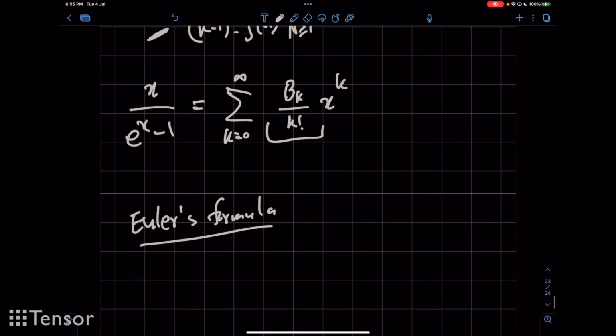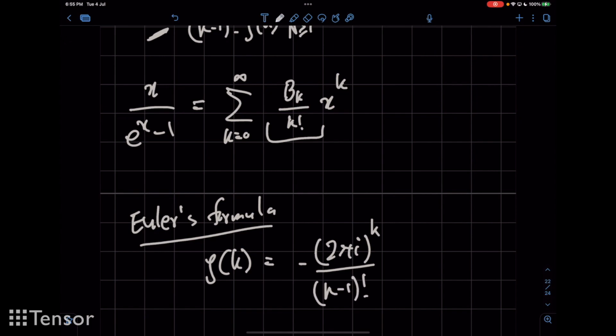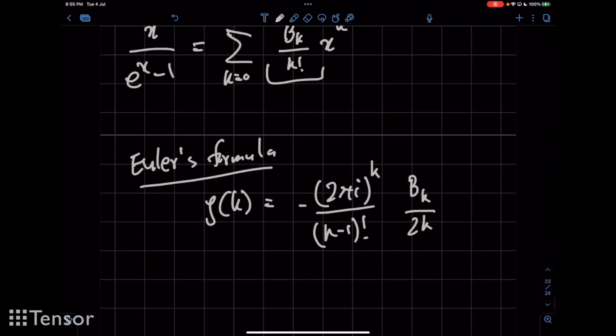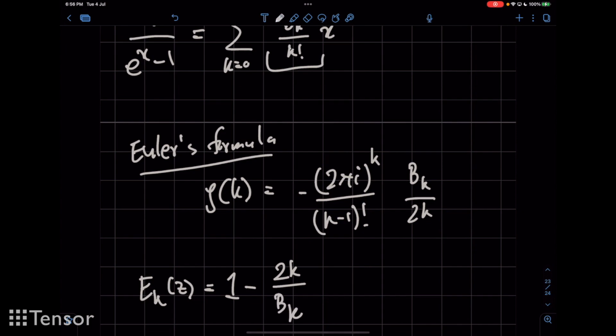Okay, this Euler's formula says that zeta of k is equal to negative (2 pi i)^k over (k minus 1) factorial times B_k over 2k. Using this formula we can write the normalized Eisenstein series like this: E_k(z) is equal to 1 minus 2k over B_k times this sum.